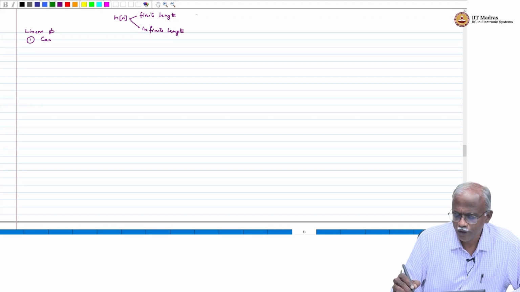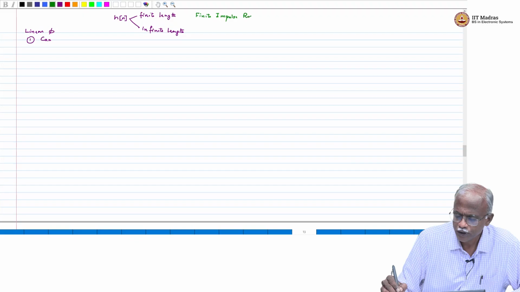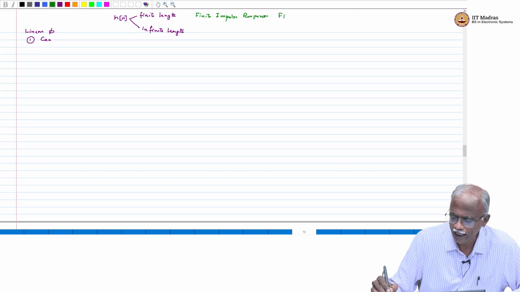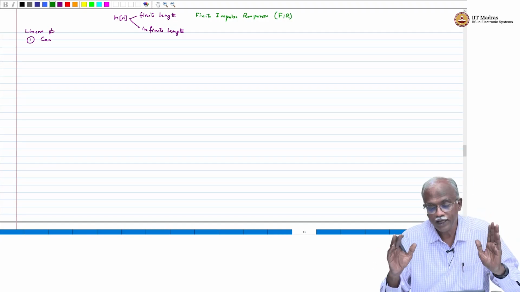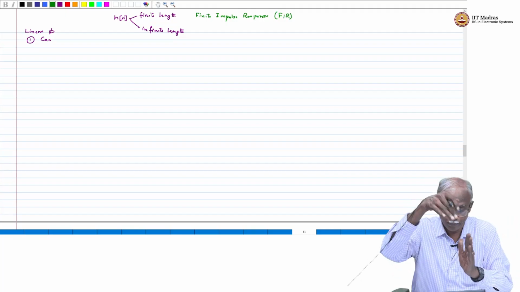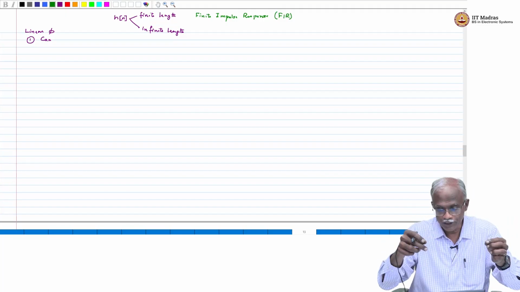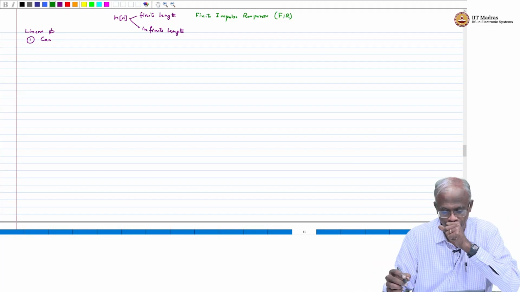These systems I'm going to call finite impulse response systems, FIR. Very important acronym that we often use in discrete time signal processing. FIR means an LTI system represented by an impulse response that is finite in duration.